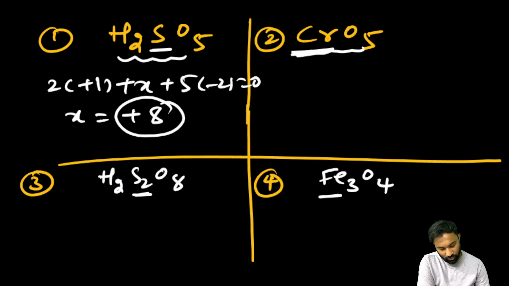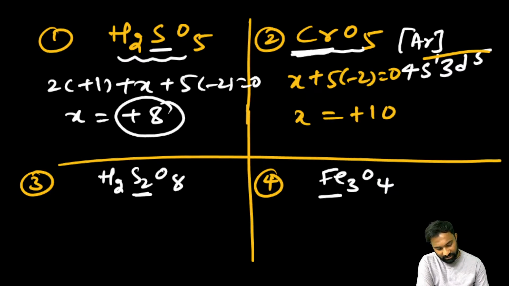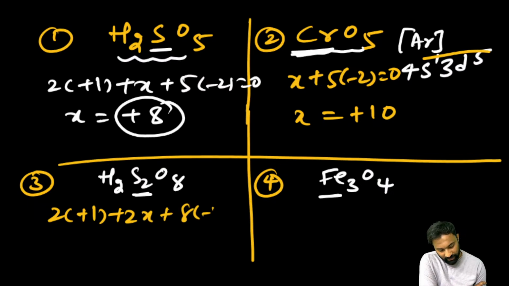Then here also chromium electronic configuration is argon 4s1 3d5. So maximum chromium can lose only 6 electrons. If you calculate it from here, you will get +10 oxidation state. Then here also sulfur: 2 + 1 + 2x + 8 - 2.